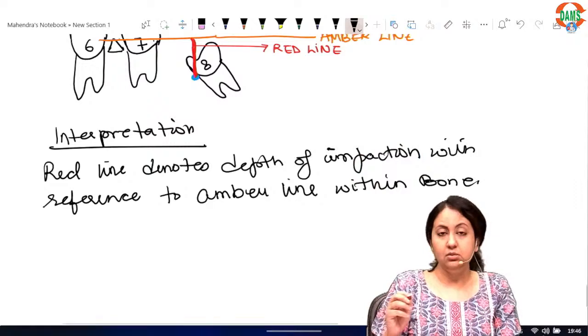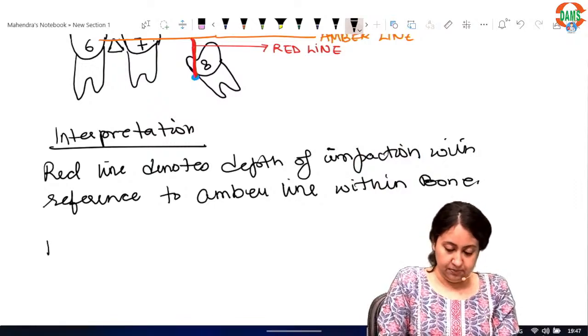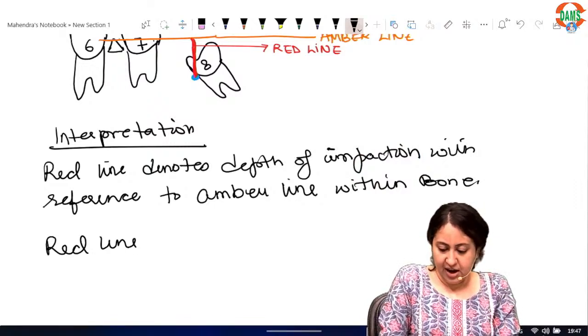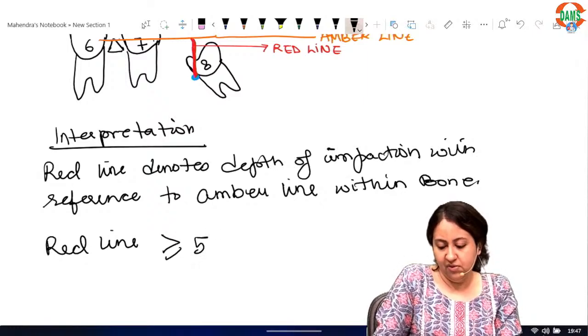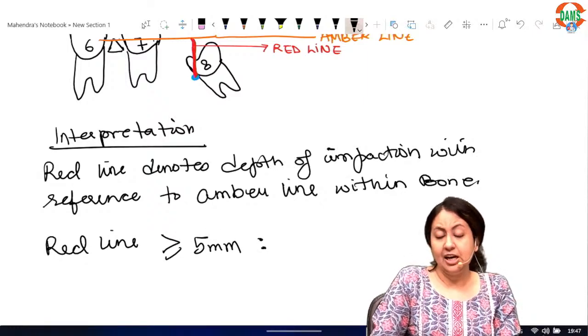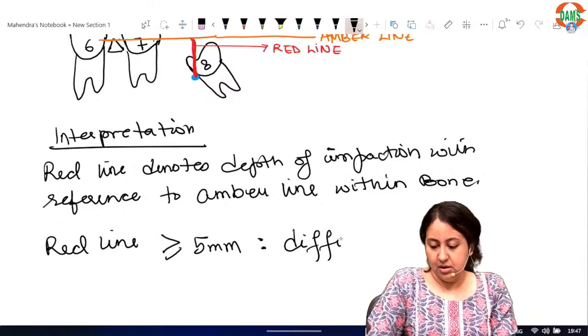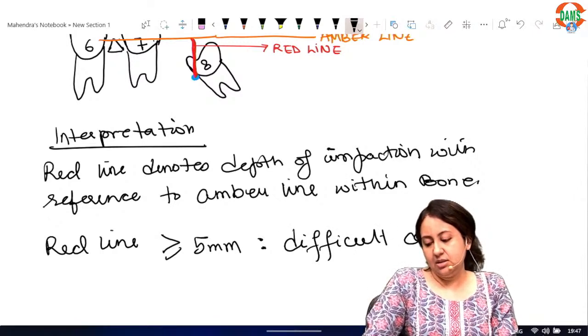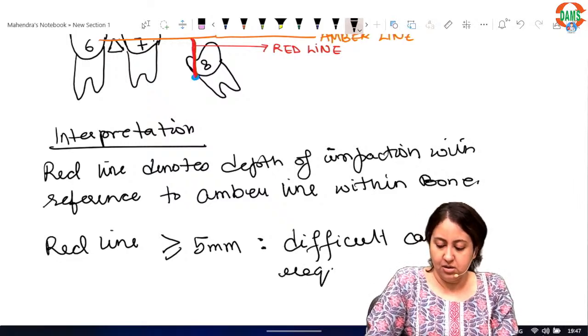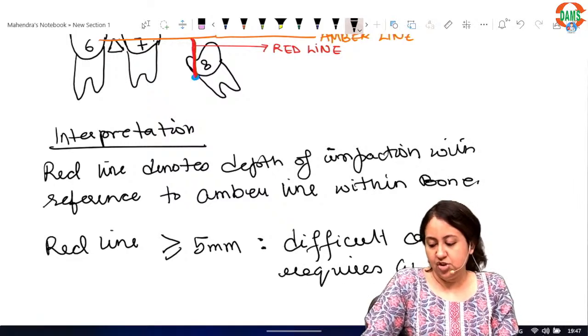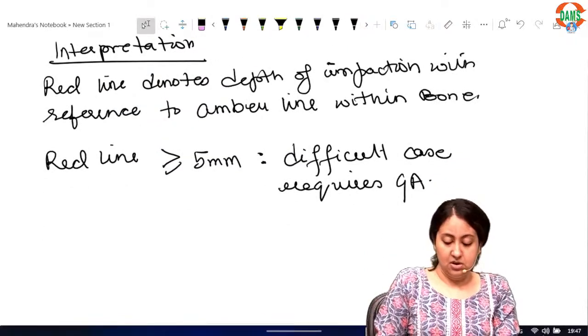Now, two more points here. If red line is more than or equal to 5 mm, it is a difficult case and requires general anesthesia. All right.